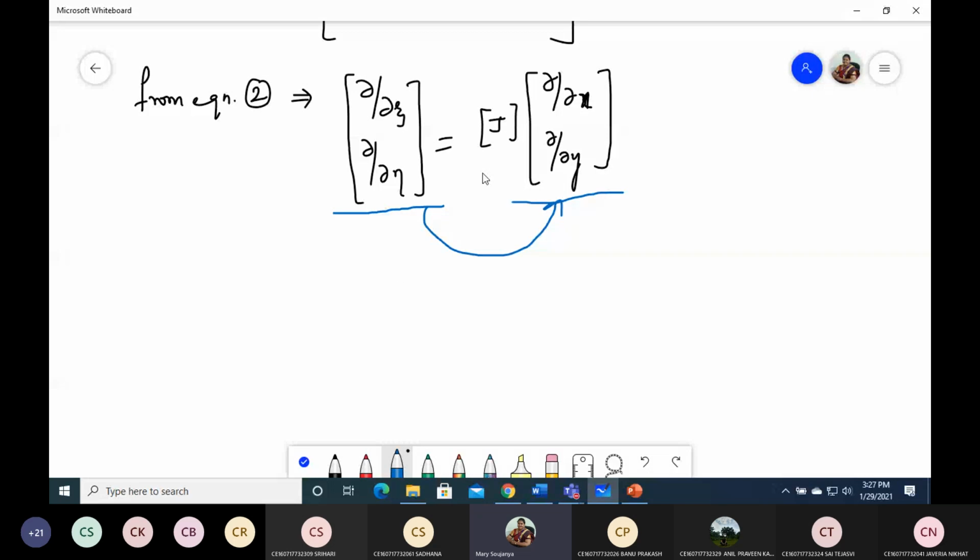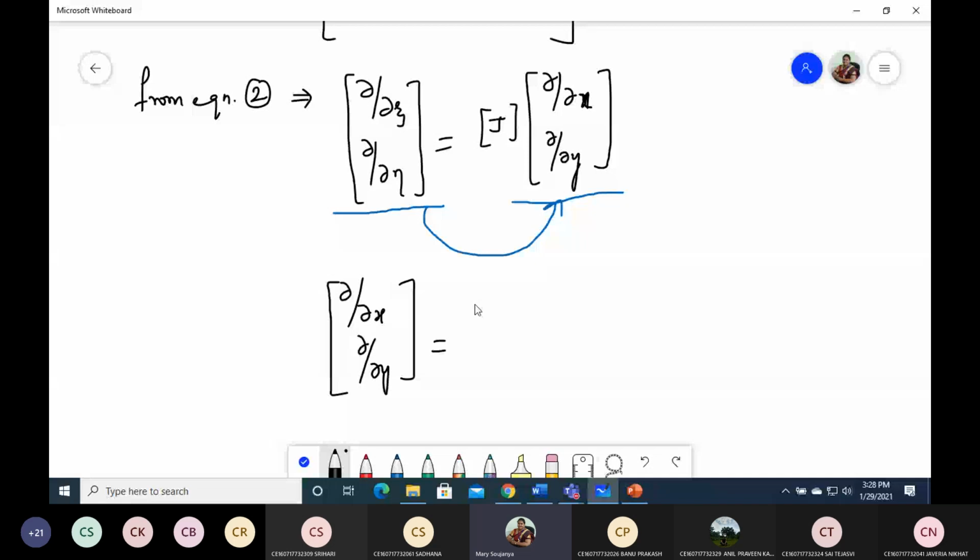If I need the natural coordinates, I can use this equation directly. But if my unknown is x comma y, the global Cartesian system, then what I need to do is take the inverse of the Jacobian matrix.